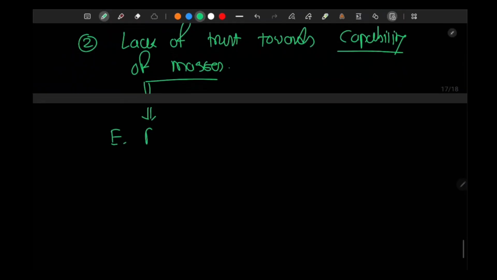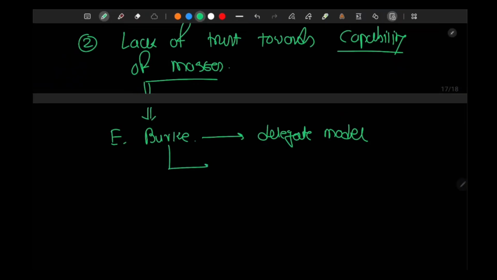Edmund Burke does not support the delegate model of representation. What is the delegate model of representation? That MPs should follow the instructions of their constituency.